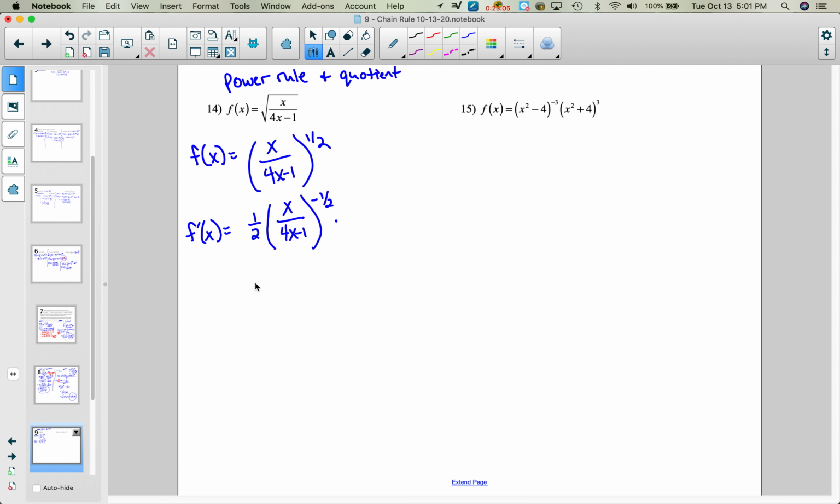So this is the whole u prime v. So u is x, so u prime is 1. V is 4x minus 1, so v prime is 4. So u prime v is going to be 1 times 4x minus 1, minus uv prime, so that's going to be x times 4, or 4x, all over v squared, so 4x minus 1 quantity squared.